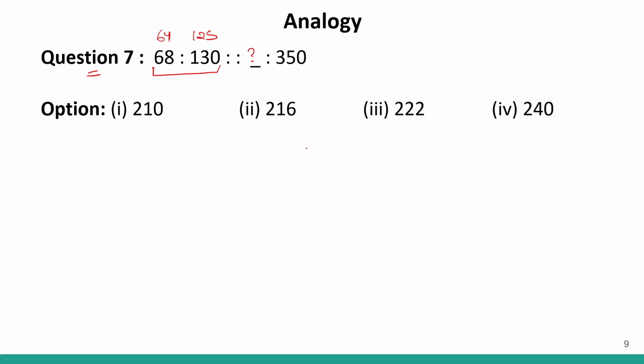So I can say 64 is 4 cube, and 4 cube plus 4 is giving me 64 plus 4, which is 68. Correct? Now, did you see I was confusing it with 8 squares? So these are perfect squares and perfect cubes. Then 5 cube plus 5, so 125 plus 5 is giving me 130. Correct? This is the relationship.